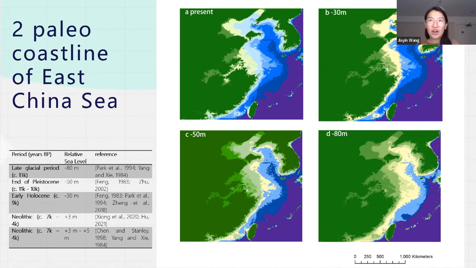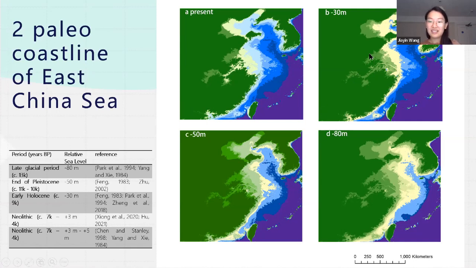And basically, all the coastal settlements found along the east coast of China were younger than 7,000 to 8,000 years old. So it's hard to find settlements or archaeological findings that can fit these 3 maps.